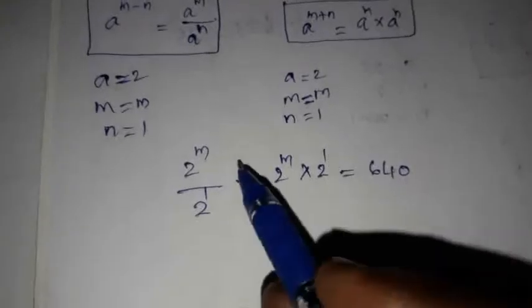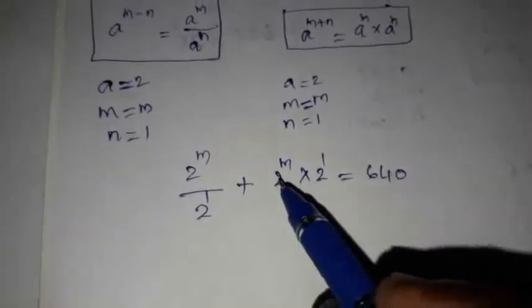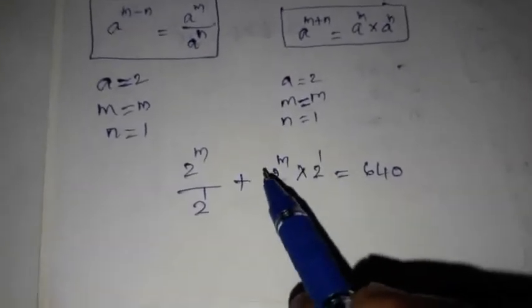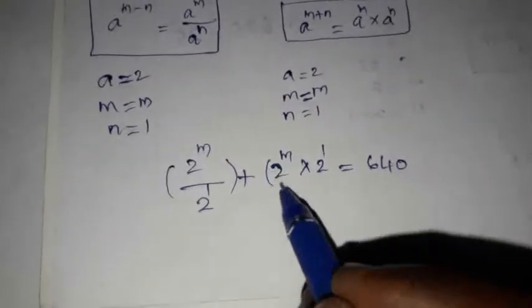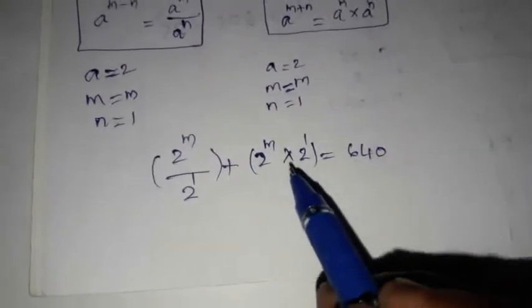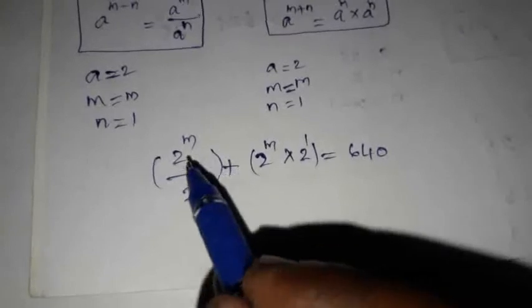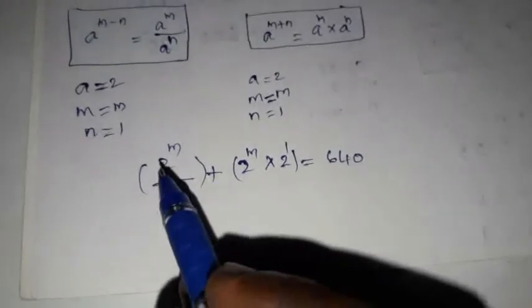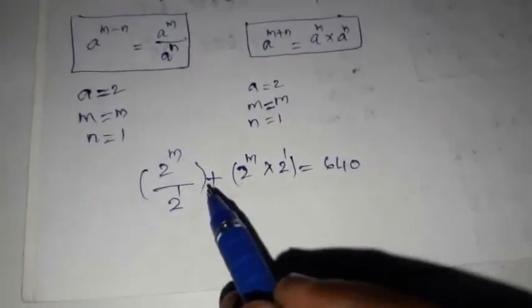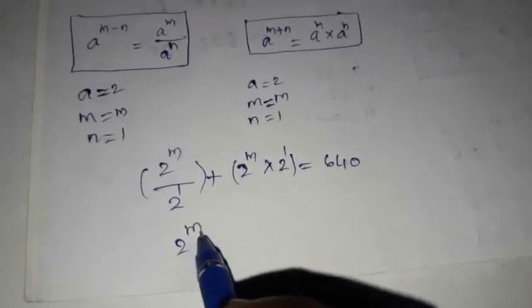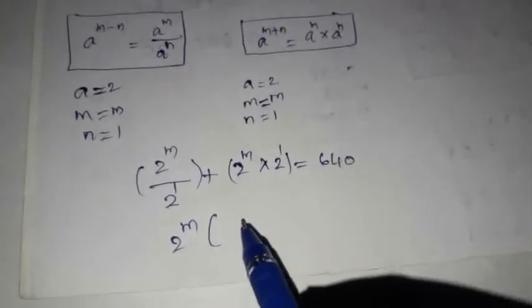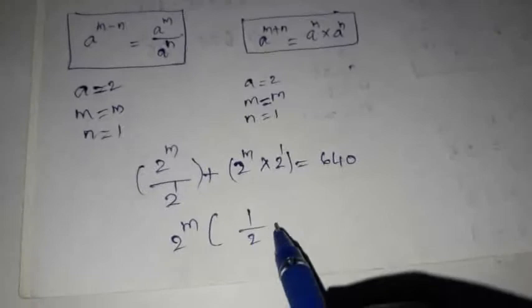Look at here. Here is 2 power m and here is 2 power m. These are two terms having the same exponent 2 power m. We take 2 power m outside.